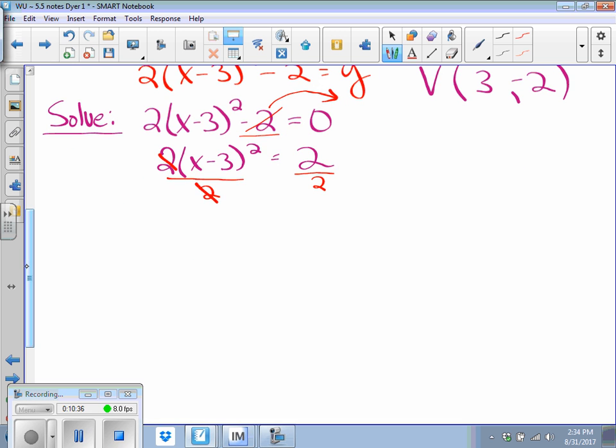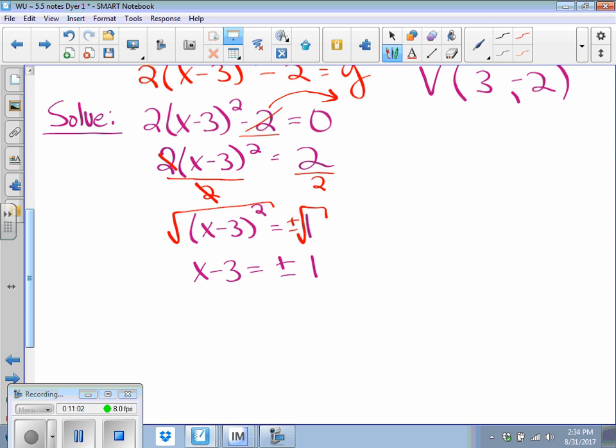So now I'm left with just x minus 3 squared equals 1. What now? Very good. Square root both sides. Don't forget the plus or minus. So we have x minus 3 equals plus or minus the square root of 1, which is just 1.